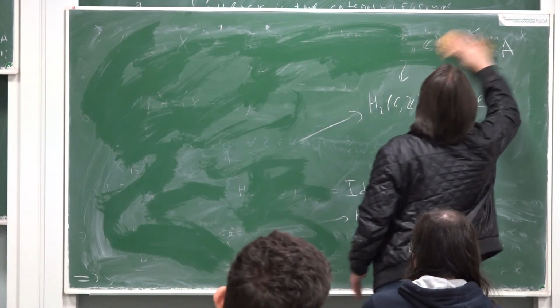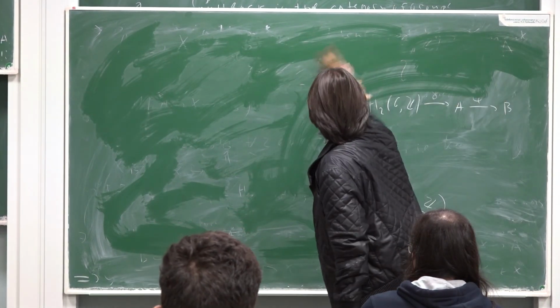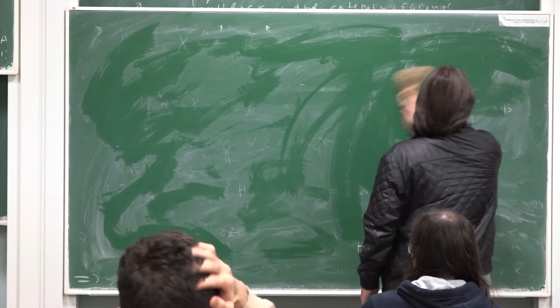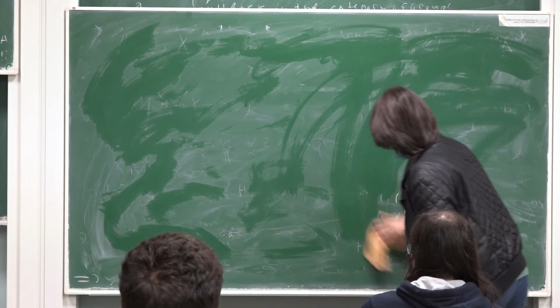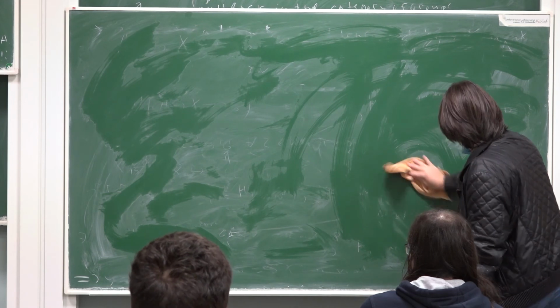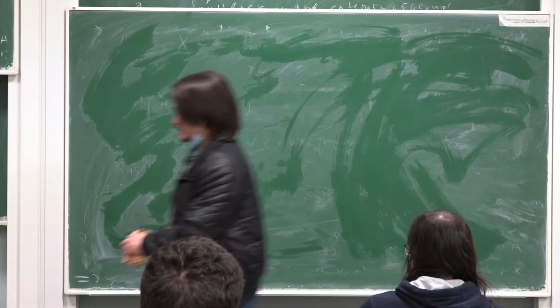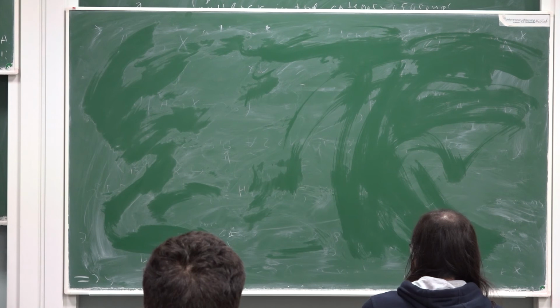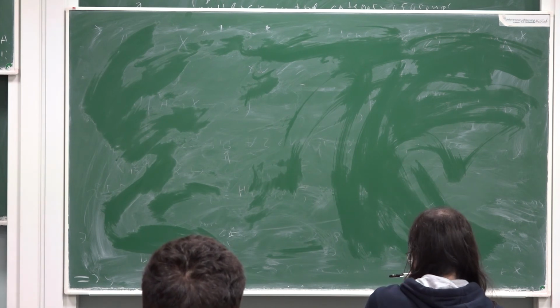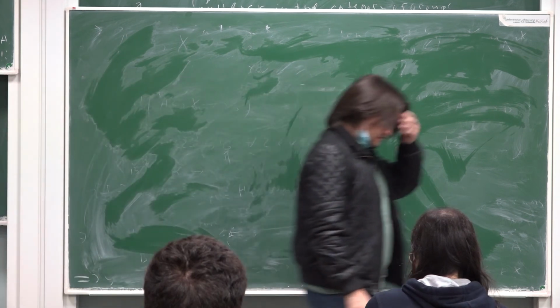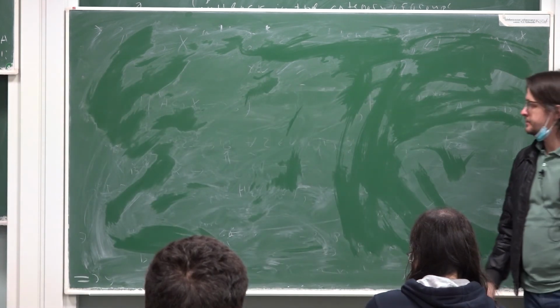And in this case, the universal central extension is the extension of G by the second homology of G with coefficients in Z, that corresponds by the universal coefficient theorem to the identical map on H2 of G, Z.